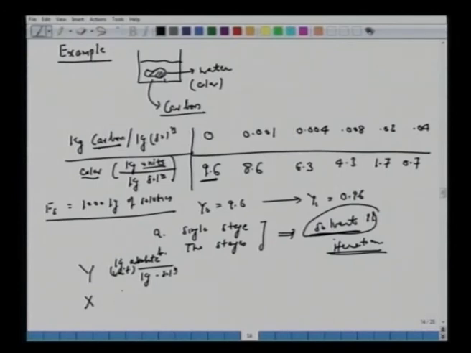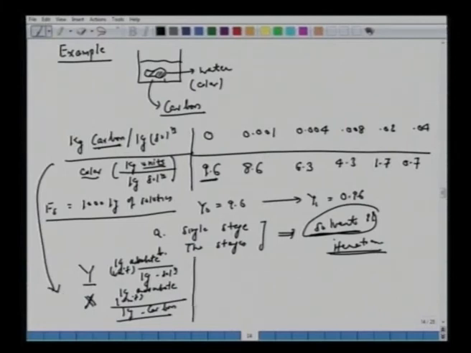That's your y, and here we have kg adsorbate, or certain units of color, per amount of carbon. This is the solid phase x, and y is your liquid phase. Now from this we are supposed to convert into this. Notice this is 9.6, 8.6, 6.3, which is the same as this. We have 9.6, 8.6, 6.3, 4.3, 1.7, 0.7.